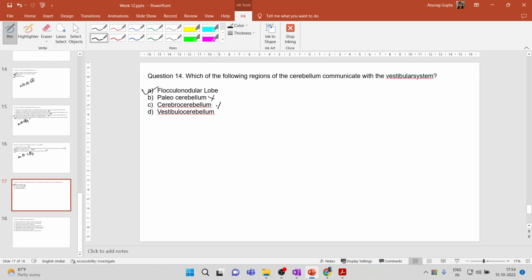The cerebrocerebellum also does not communicate with the vestibular system. And the vestibulocerebellum is nothing but the flocculonodular lobe. It is just another name for it. So the answer is A and D.